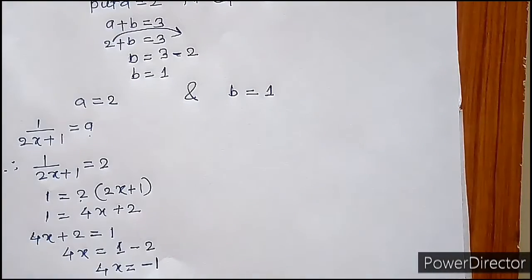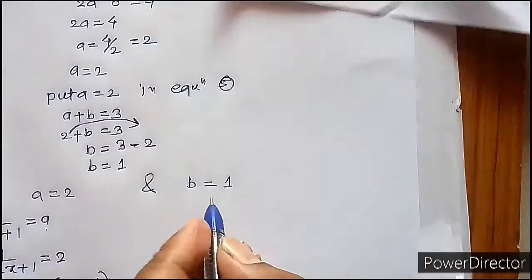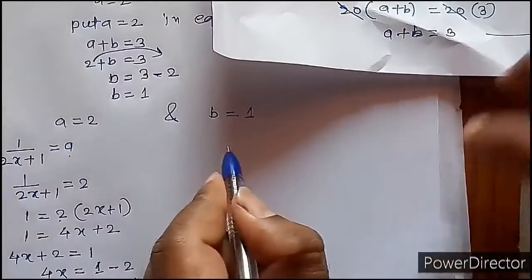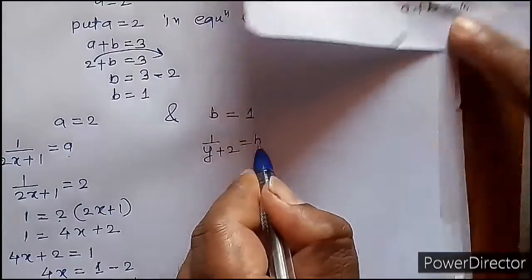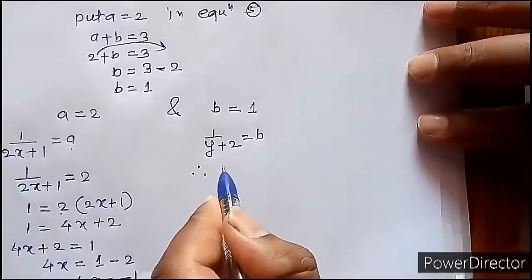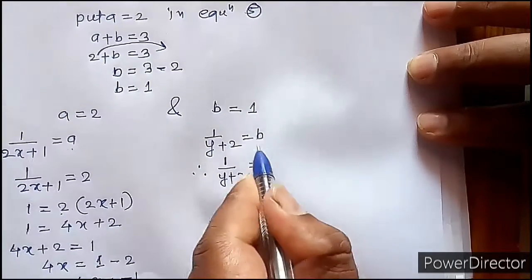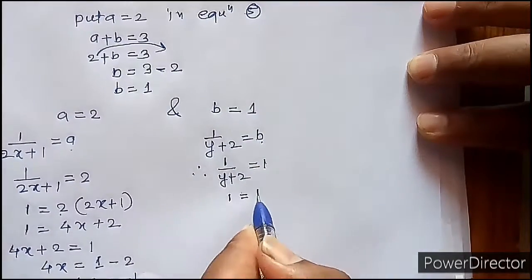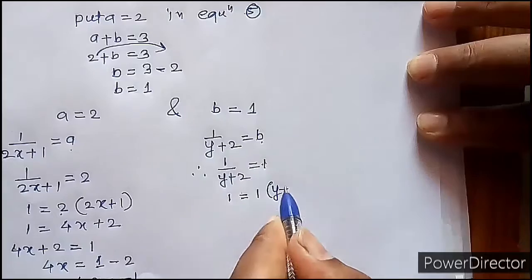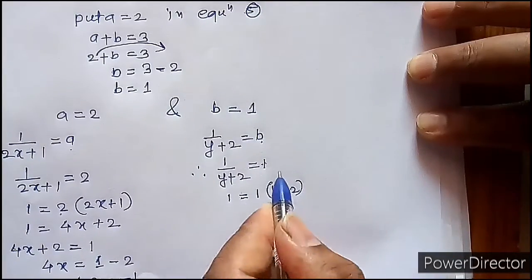Now the value of b we put earlier is 1 by (y plus 2) equals b. But here the value of b is 1, therefore put 1 by (y plus 2) equals 1. Now on solving this, 1 equals 1 into (y plus 2), multiplied on going to the right hand side.